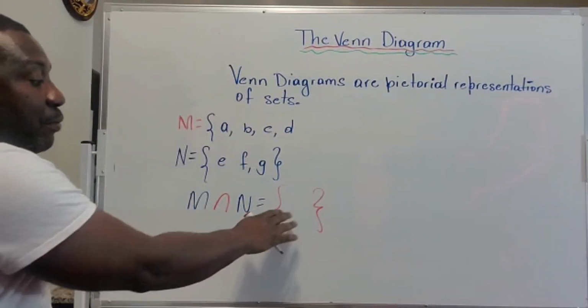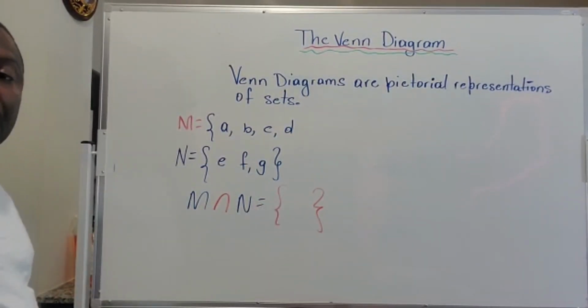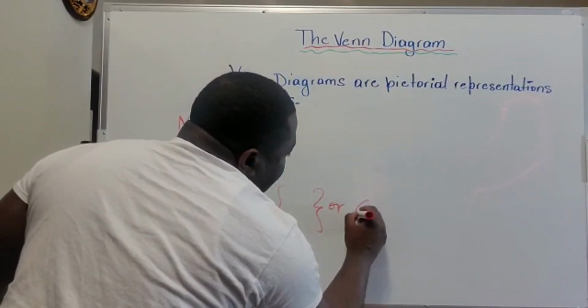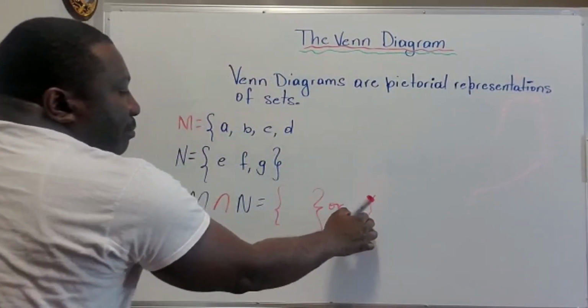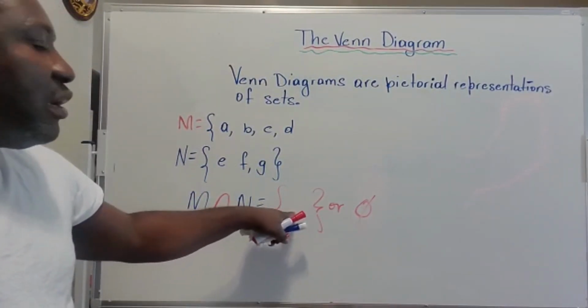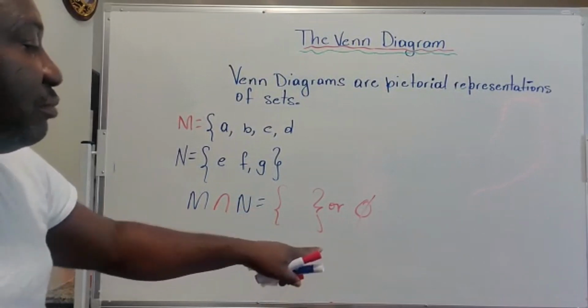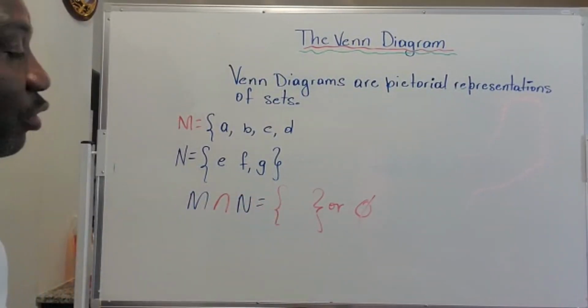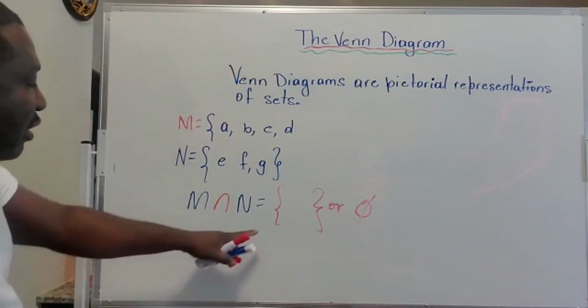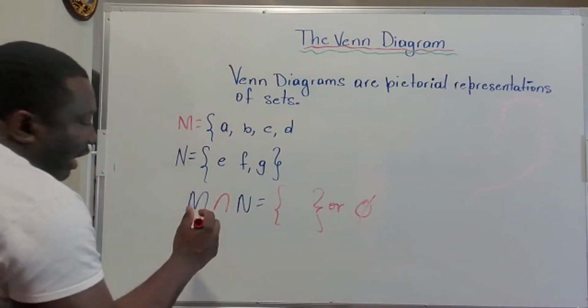And note, guys, I put nothing in the brackets, or I could write an empty set as this symbol. Do not make the mistake and put this symbol in the brackets. That would mean that the symbol is an element. So these are the two symbols that are used to represent an empty set.